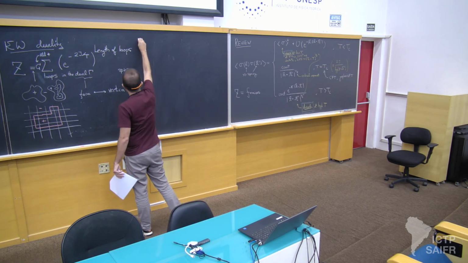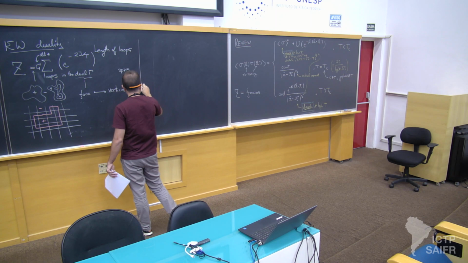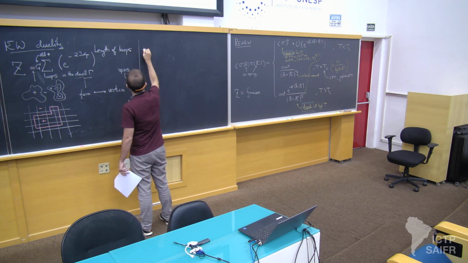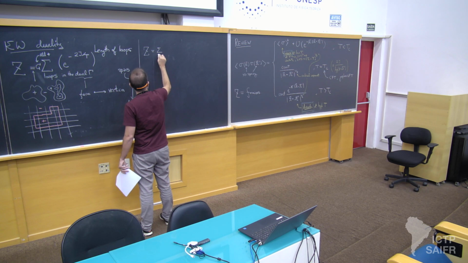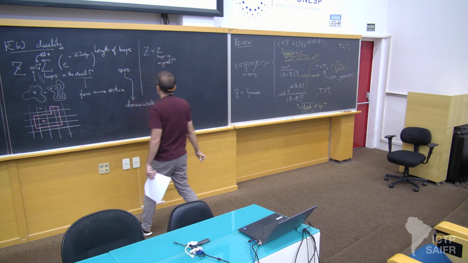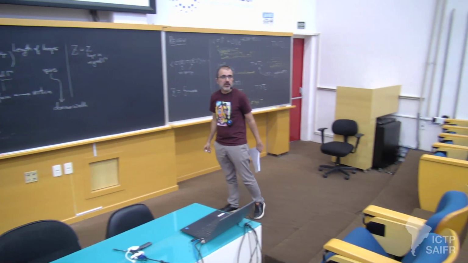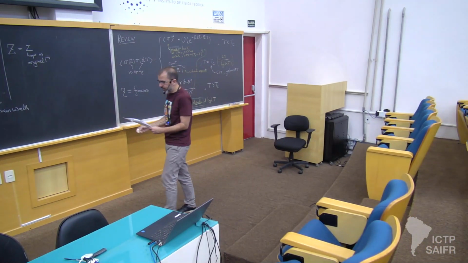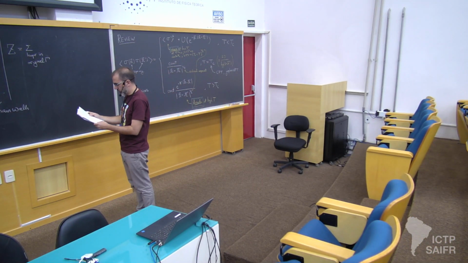Now let me tell you about another way where we also write Z as a summation over loops. But now these will be loops in the original lattice, not in the dual lattice. Okay? So let's find that other way of thinking about the Ising model as loops.